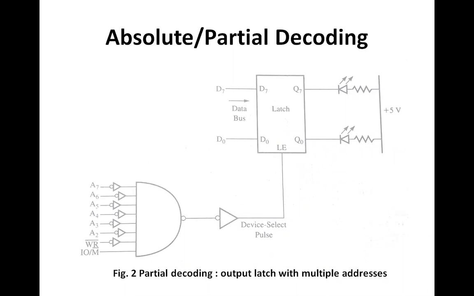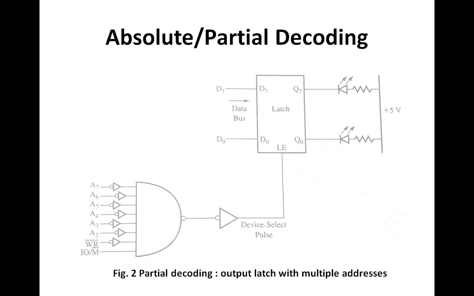Now, for addressing the different peripheral devices, we have two types of decoding processes being used. One is called absolute decoding and another is called partial decoding.